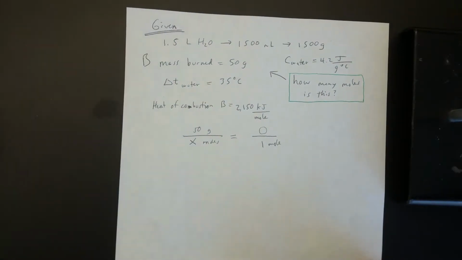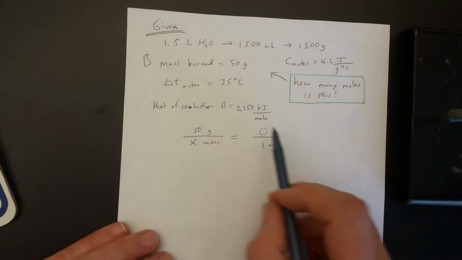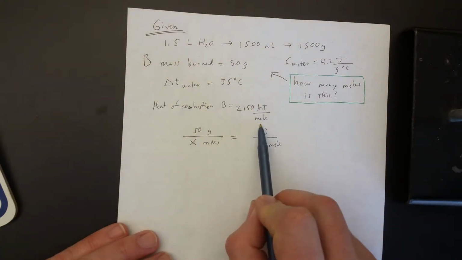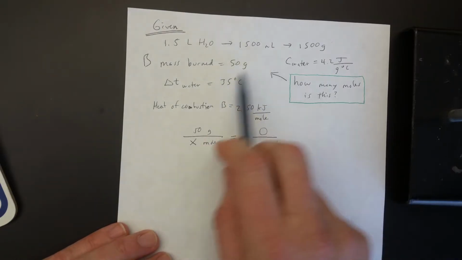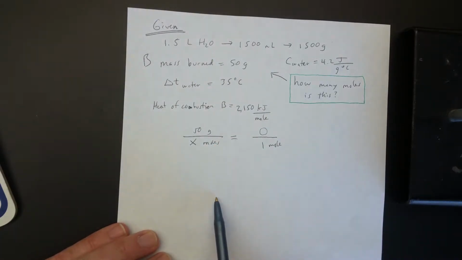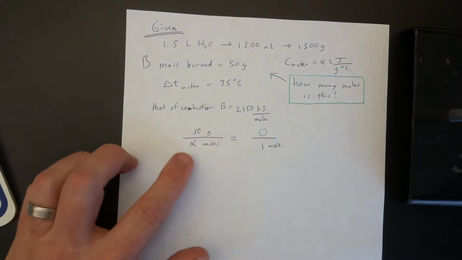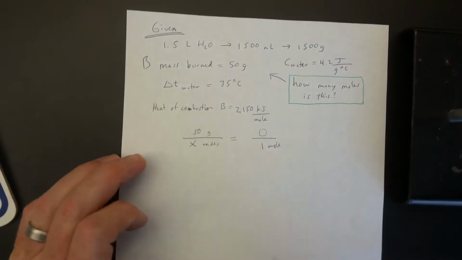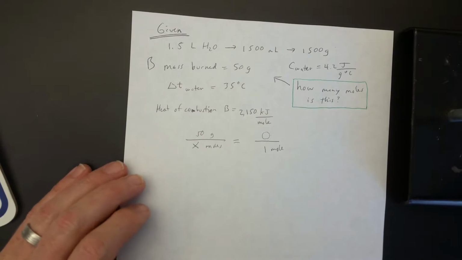So, how would we do that? We need to know the molar mass. Well, we know how much energy is given off per mole. So if we can figure out how much energy was given off by this, we'll know how many moles that is, and then we can figure out the molar mass.